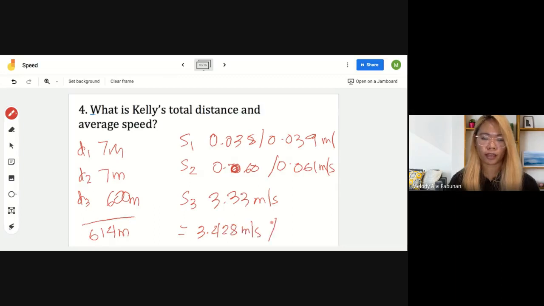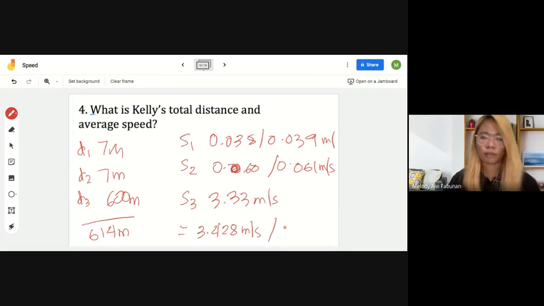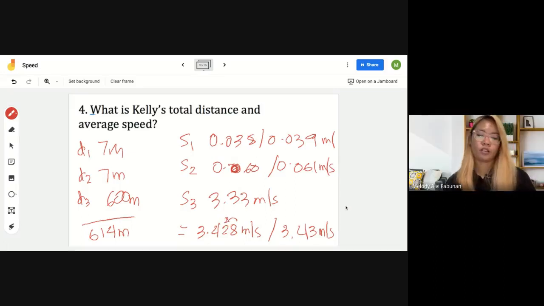If I'm going to use the one that is already rounded off, 3.43 meters per second. So basically, round off lang. Divided by 3, Chair, di ba? Para makuha. Okay? So that's 3.43. Nakuha na natin yung total na amount of speed.